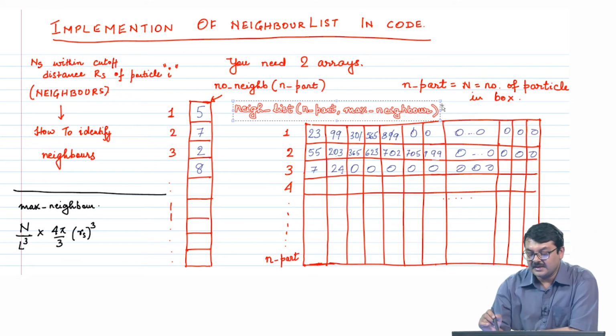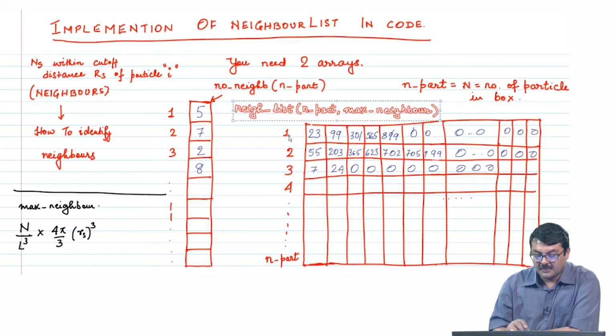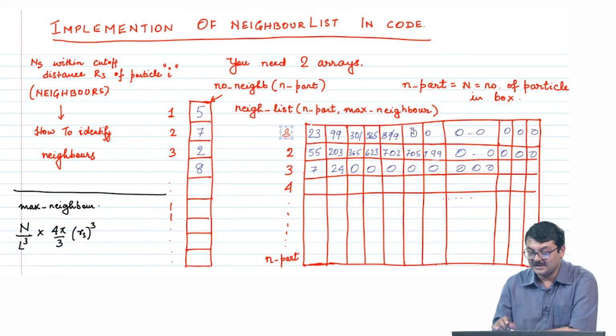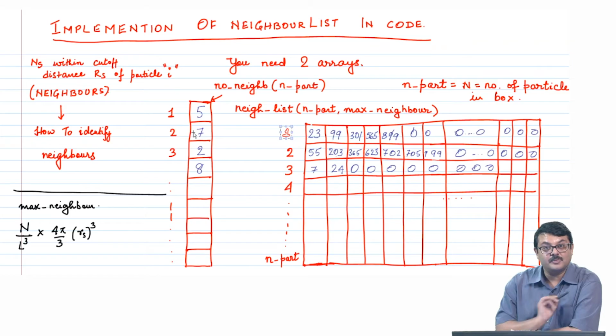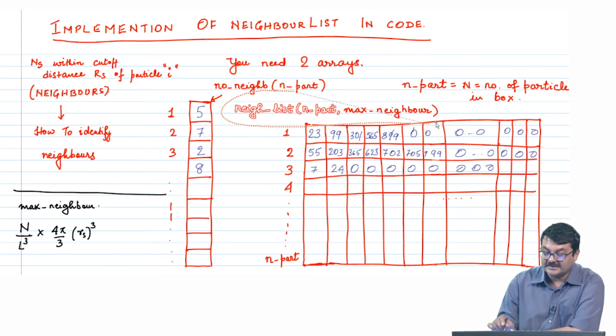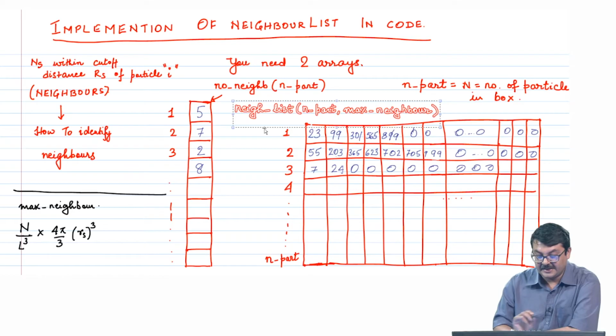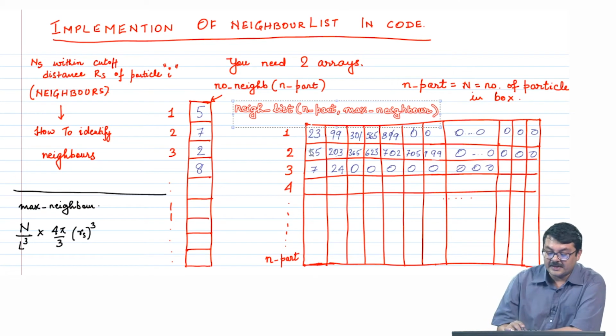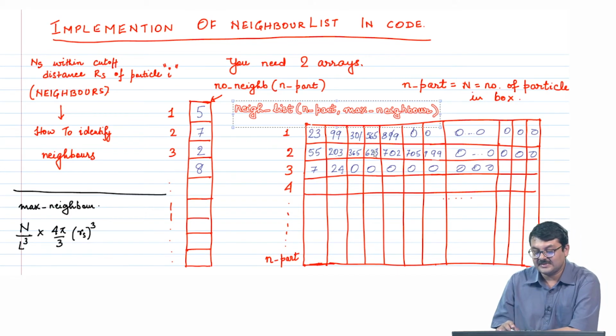Suppose you have an estimate; how to estimate we will discuss soon. Then you say particle number 1 has 5 neighbors which might be, say, 23, 99, 301, 899. These are the 5 neighbors, and the rest of the array will be 0. Now, particle number 2 has suppose 7 neighbors. In NEI list, this 2-dimensional array, particle number 2 will have 7 neighbors, say particle numbers 55, 203, 365, 623 and so on.